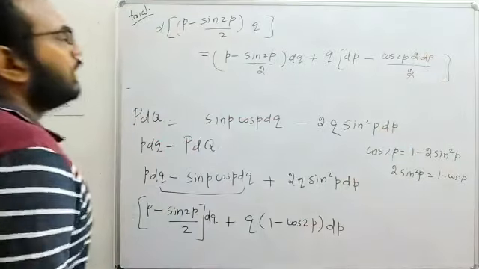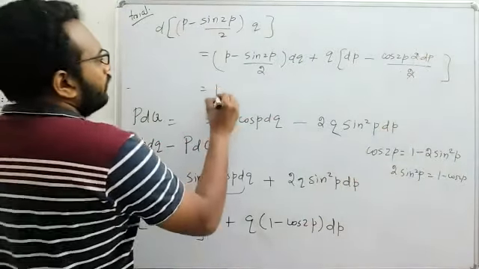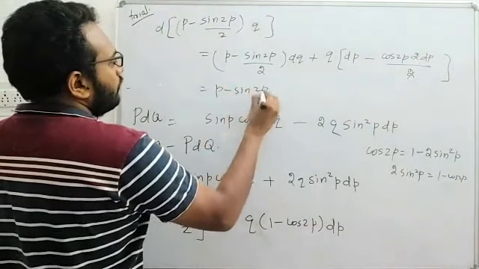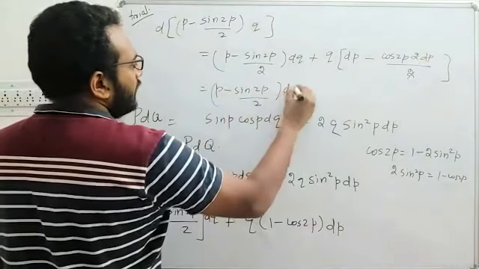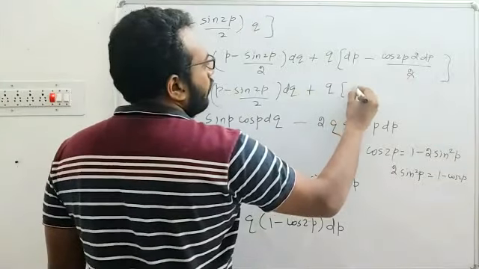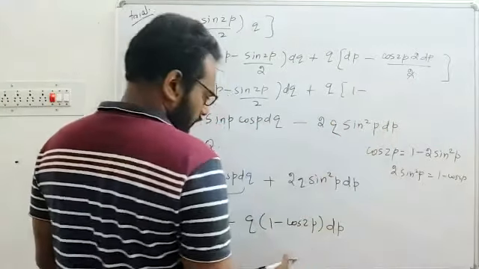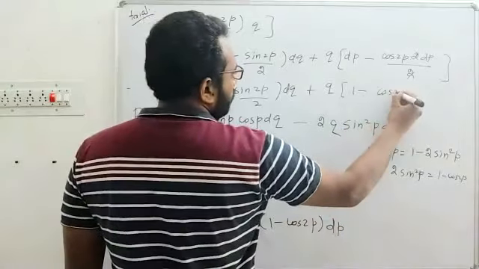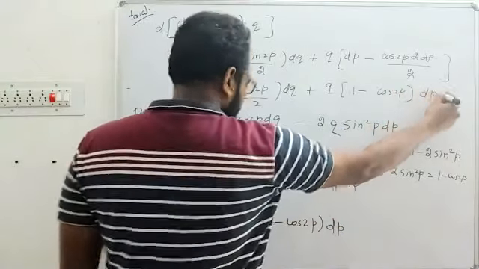So that becomes p minus sine 2p by 2 dq plus q times 1 minus cos 2p multiplied by dp. Yes, we got it back.